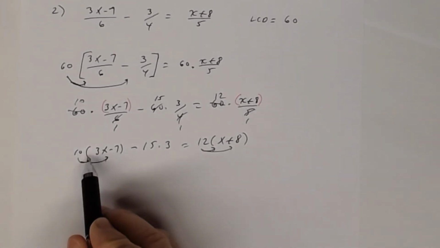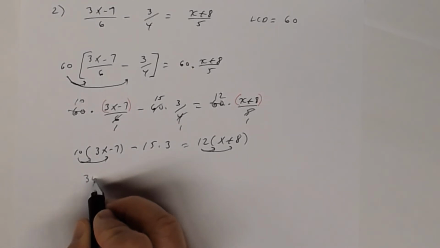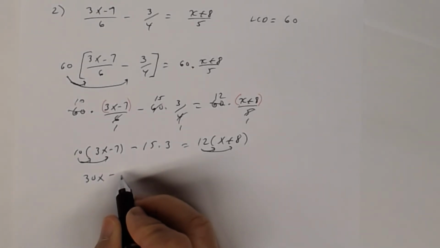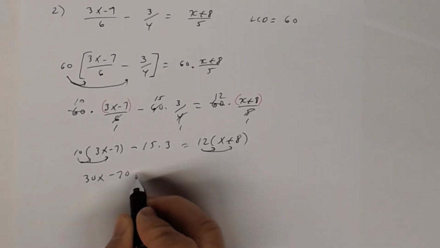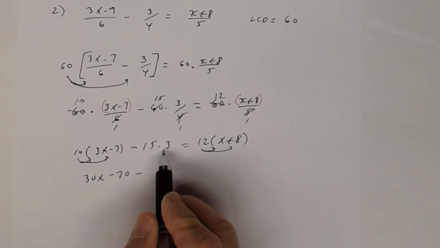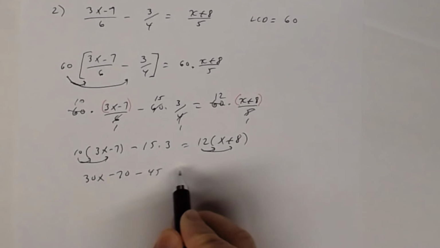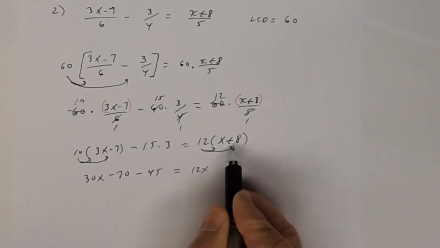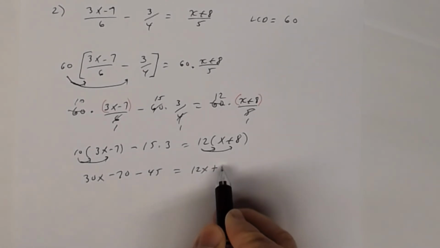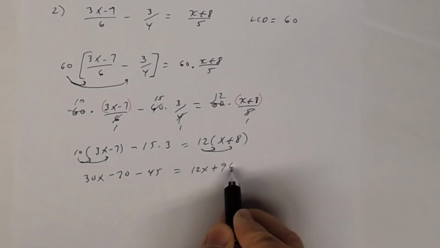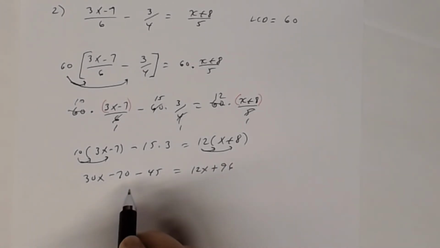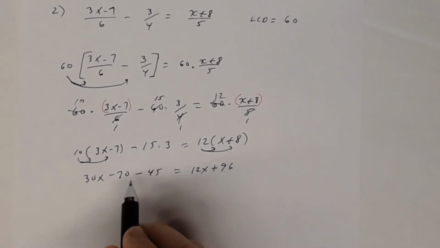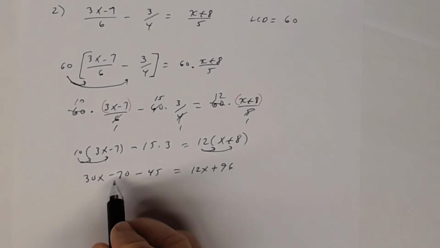And so I get 10 times 3x is 30x, subtract, and then 10 times 7 is going to be 70. Subtract, and then 15 times 3 is 45. Equal, on this side, 12 times x is 12x, and then 12 times 8 is going to be 96. Now on the right-hand side, there are no like terms, but on the left-hand side, there are.